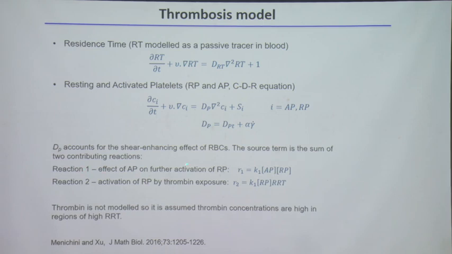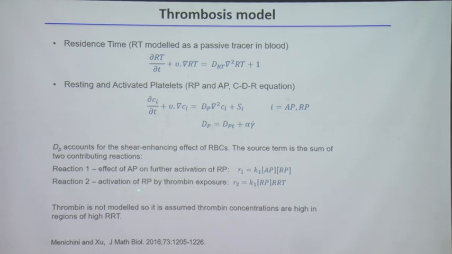One reaction relates to the further activation of the resting platelets by the activated platelets. So there is a feedback mechanism here: once the platelets are activated, the activated platelets can further trigger activation of the resting platelets. So all of these need to be taken into account.